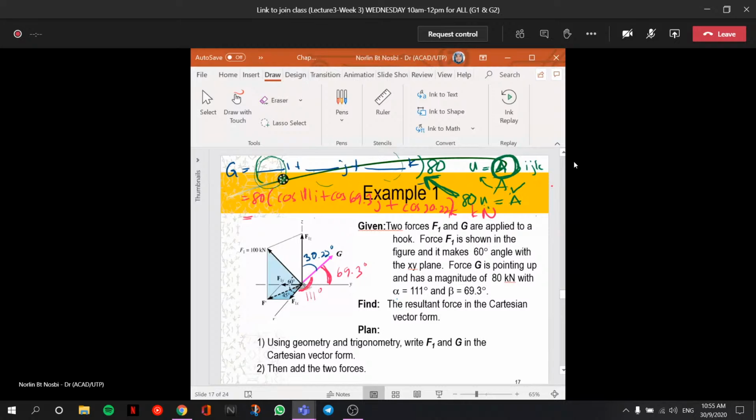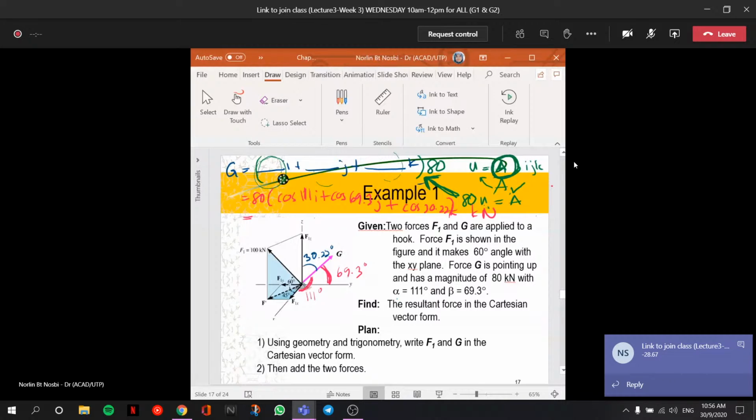What is the value? I think this one is negative. Cos 111 times 80 would be? Can anyone try to calculate it?